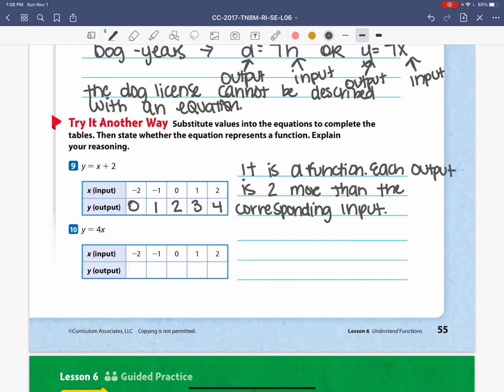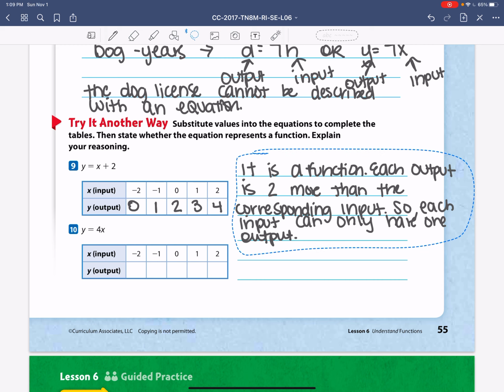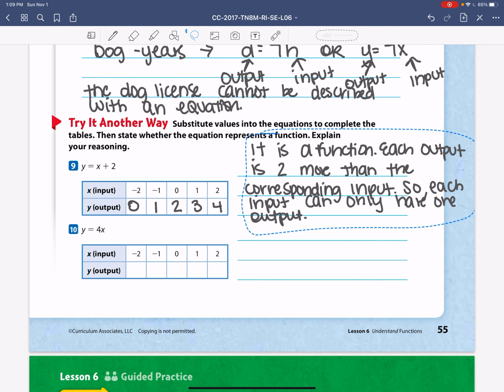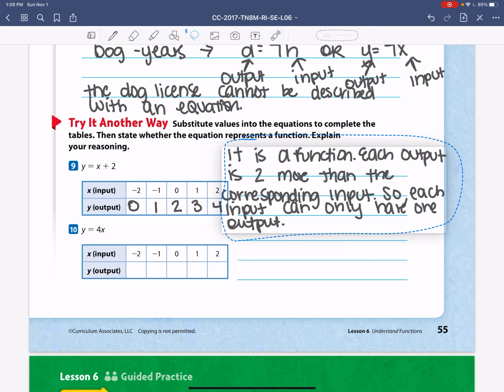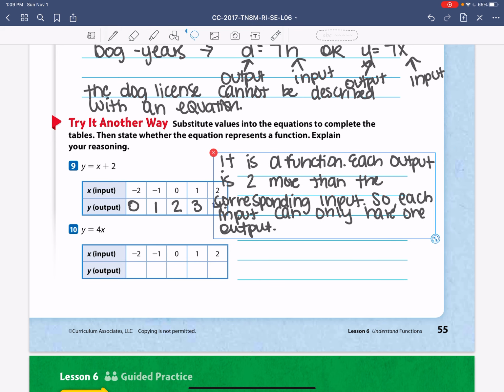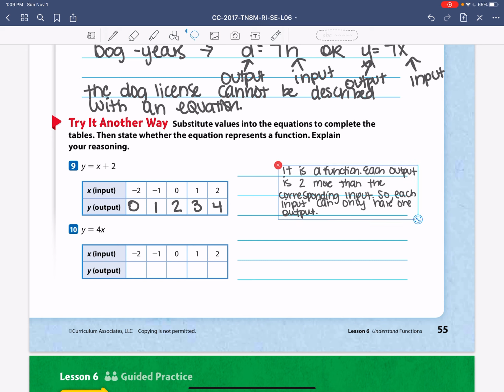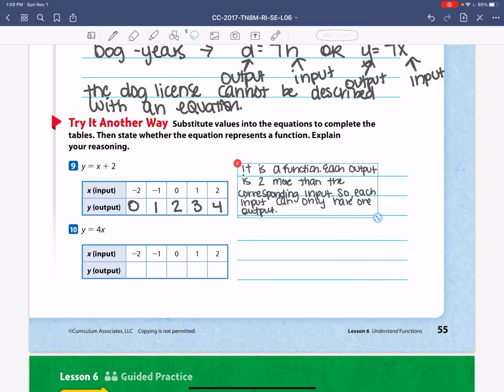So each input can only have one output. I wrote that kind of big, so I'm going to move that up a little and make it a little bit smaller. All right. And let's go ahead and move on to the next one.